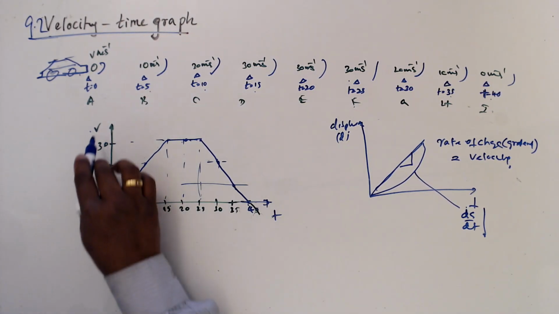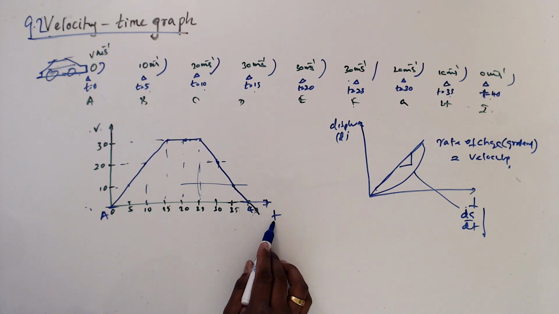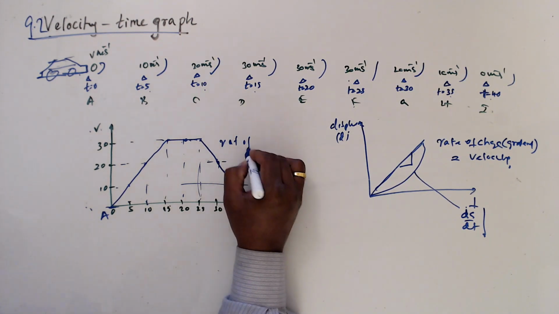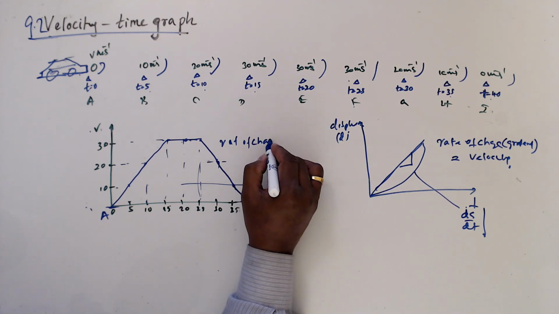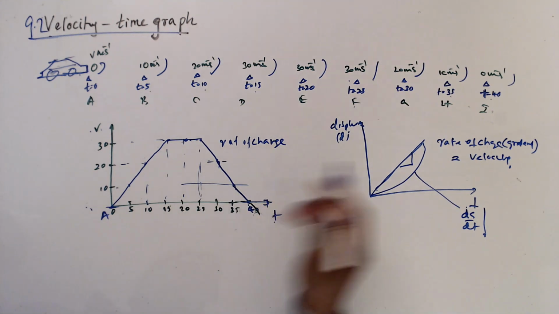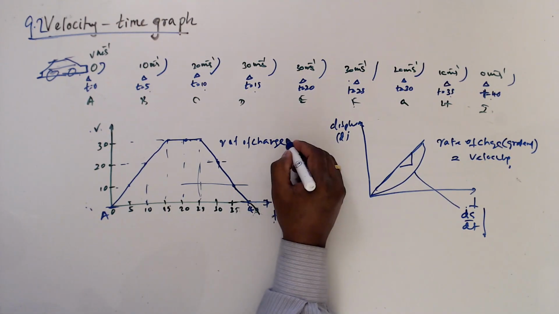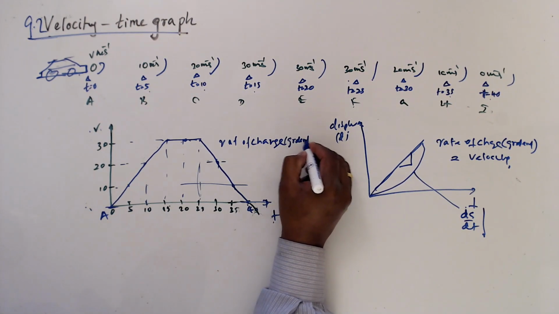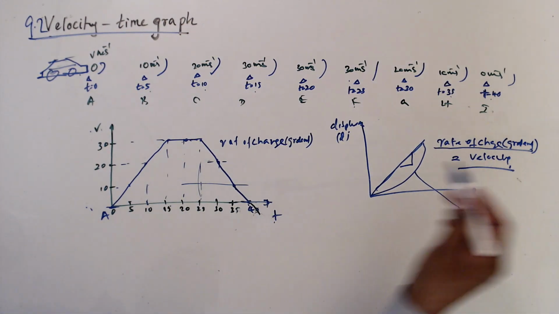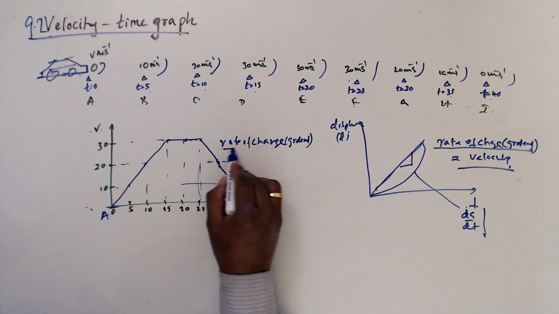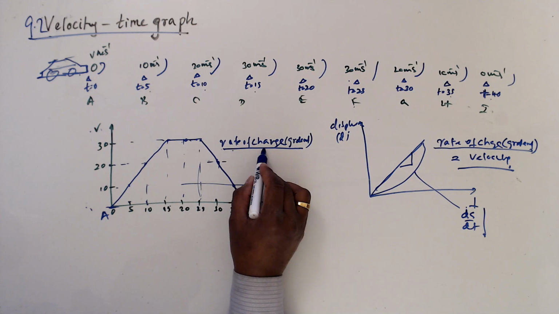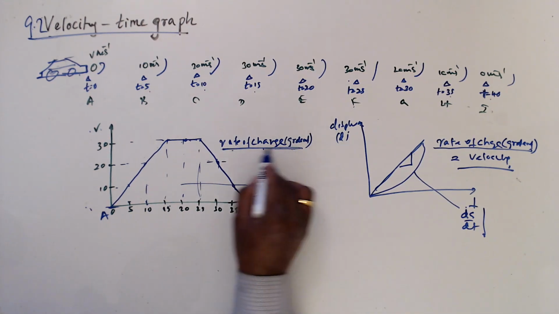Now in this graph, the velocity and time graph, what is the rate of change, or the gradient?